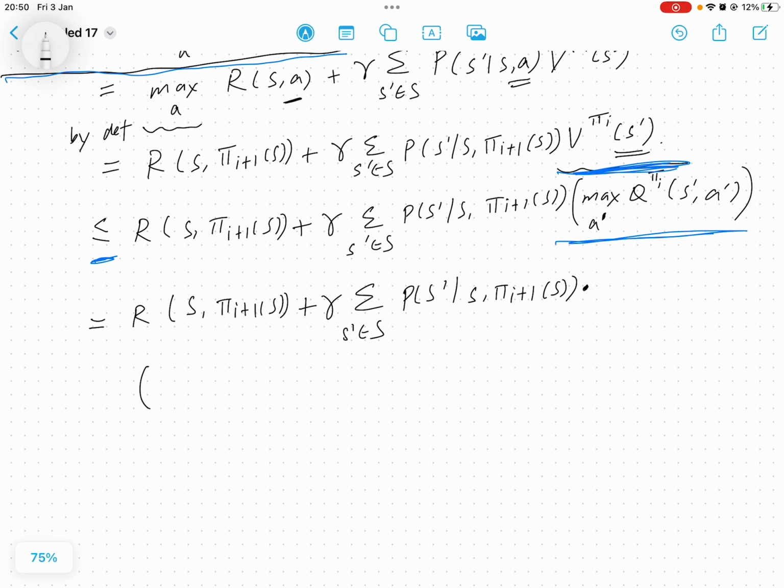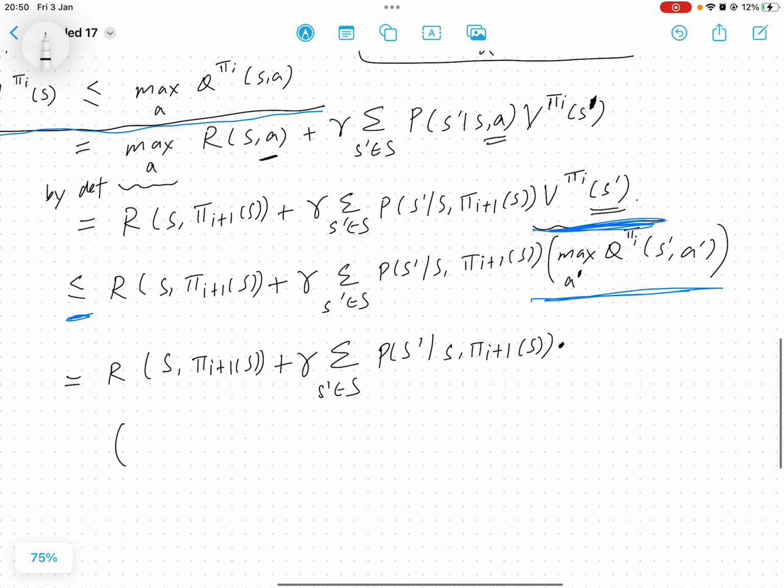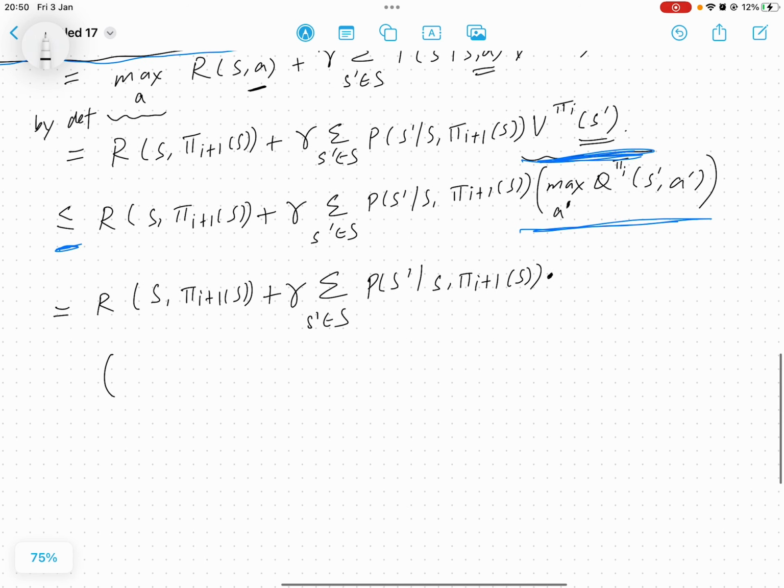with some reward function, right, with the format of the reward and then the future state. Okay, so again, as we did in the above steps, you can write this as r(s prime, pi_{i+1}(s prime)). Okay, so here be careful, we have all those s primes, plus gamma times summation, and this would be s double prime because we're taking one more step further.